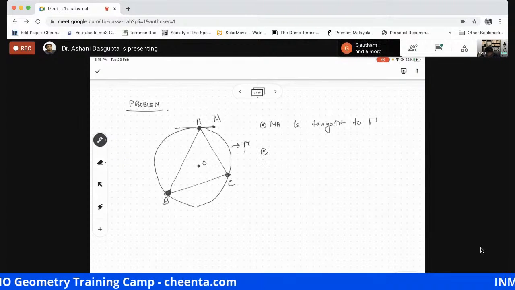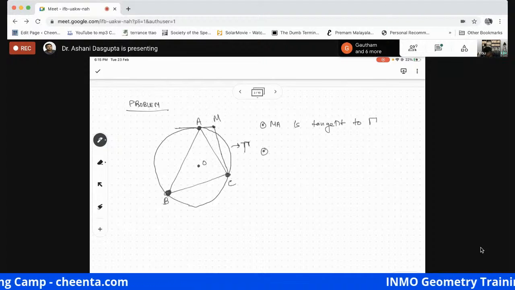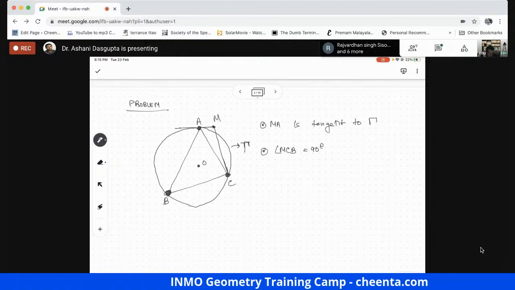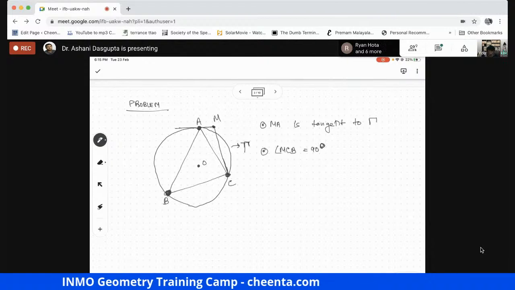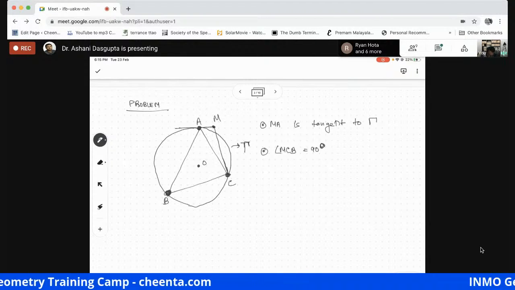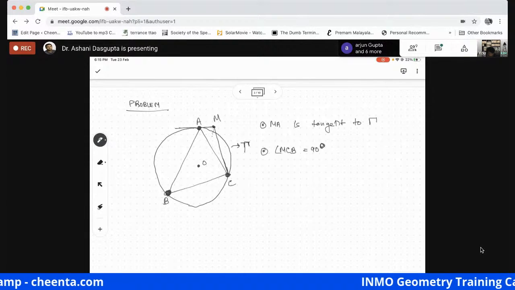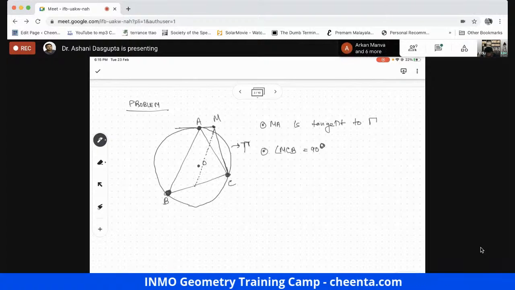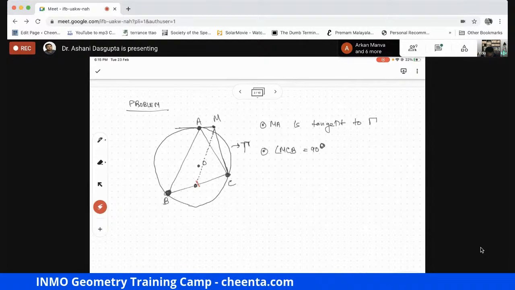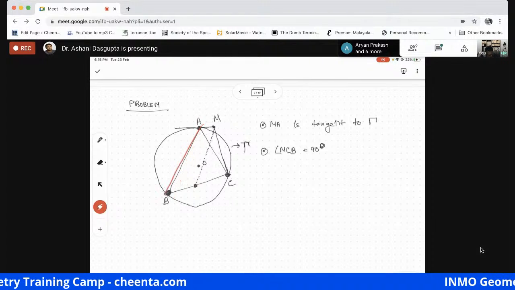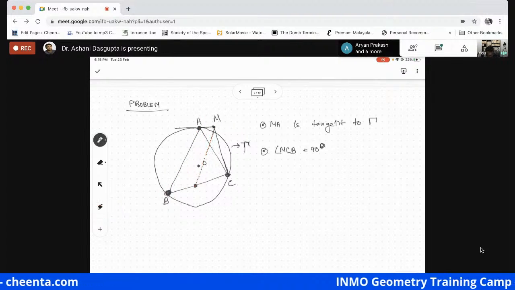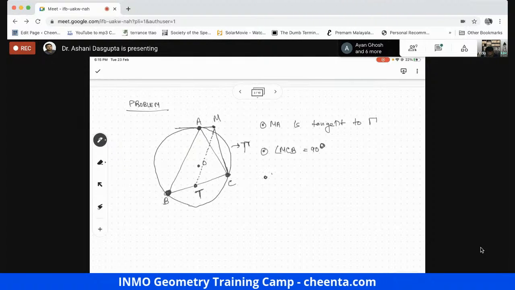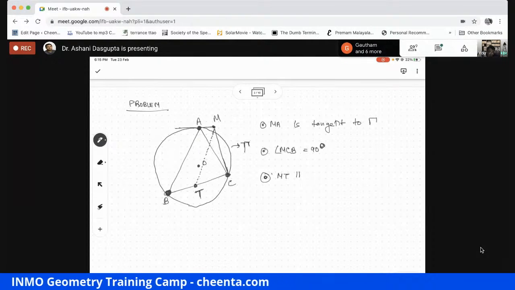The other data is angle MCB is 90 degrees. MCB is 90 degrees. Okay, so what you want to do is draw a line parallel to AB. So let's call this T. MT is drawn parallel to AB.